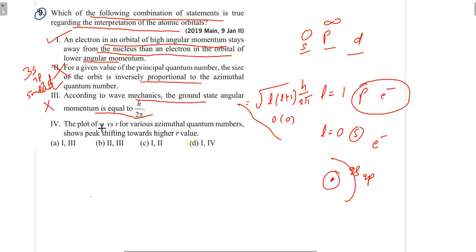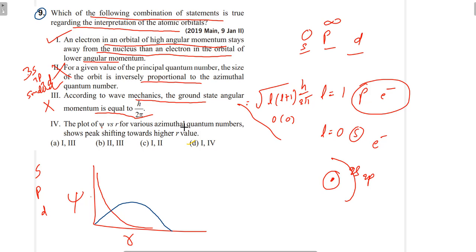The plot psi versus r for various azimuthal quantum numbers shows peak shifting towards higher r value. The plot psi versus small r for various azimuthal quantum numbers. I am taking s, p, d like this. See, the s orbital looks like this. Then the p orbital will start like this.